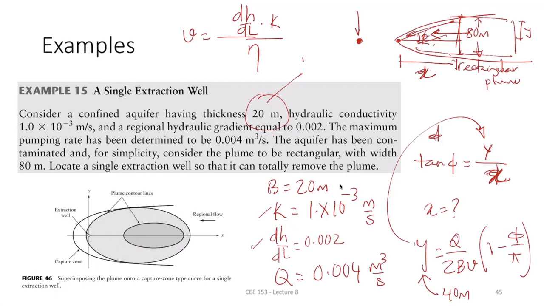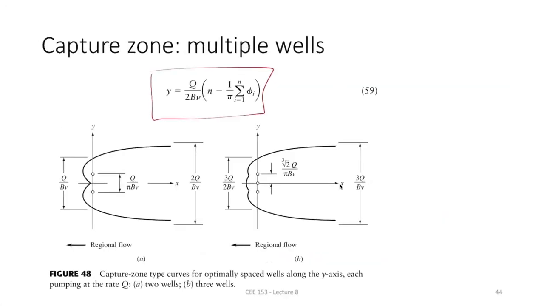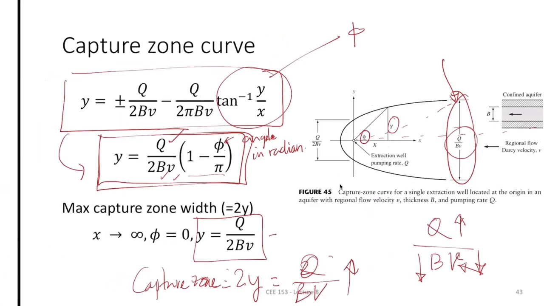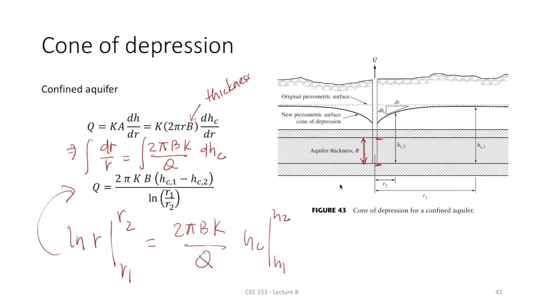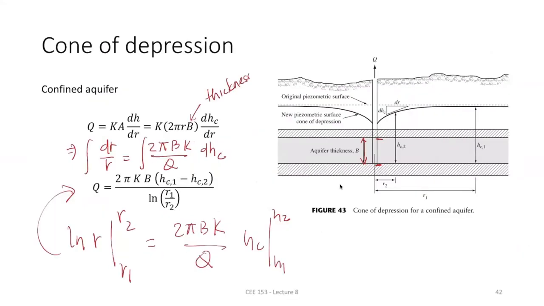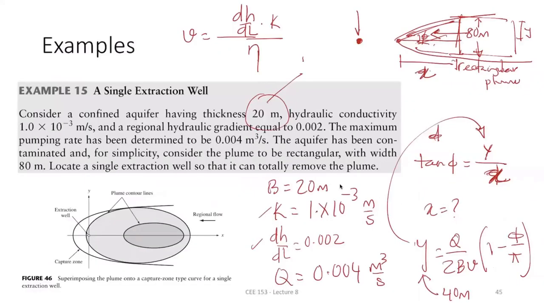Oh, I see. I'm sorry. This velocity here is Darcy's velocity. It's not the actual velocity. I forgot to mention, if you see how the equation is derived, we are using Darcy's velocity. We're not using the other velocity. This is Darcy's equation, so you don't need porosity. So I'm just going to erase this one. This is Darcy's velocity.